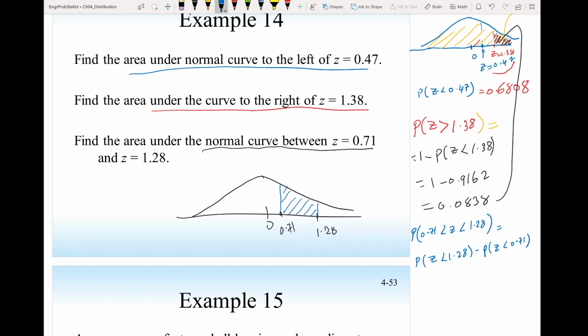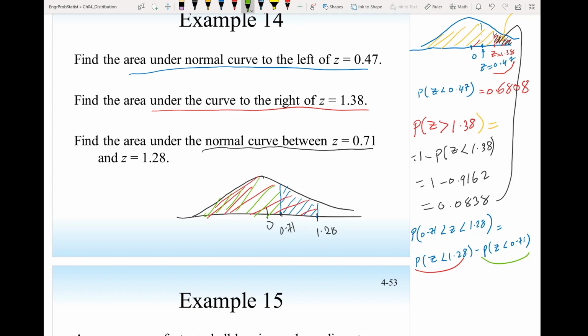So graphically, I'm going to find this area first, the red one, and then find this area, the green one, and subtract the green area from the red area. That will give me the blue area, the area between 0.71 and 1.28.